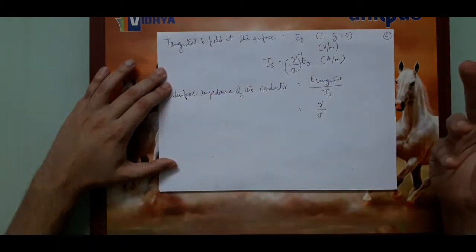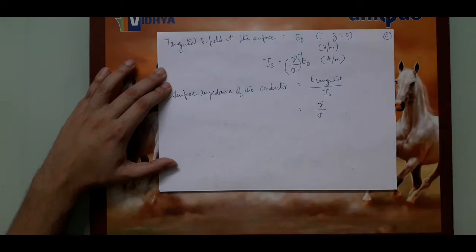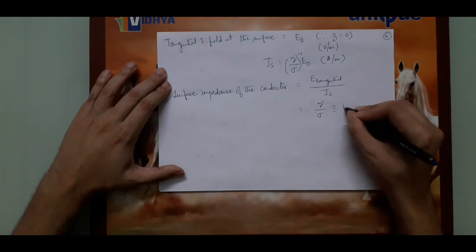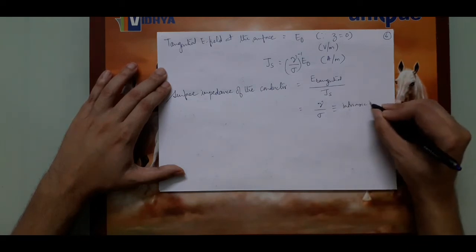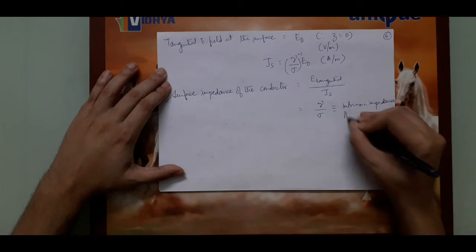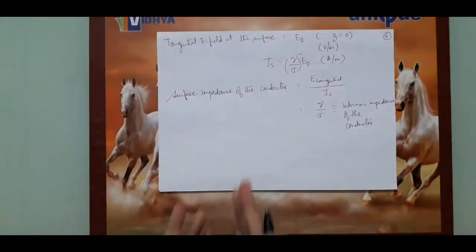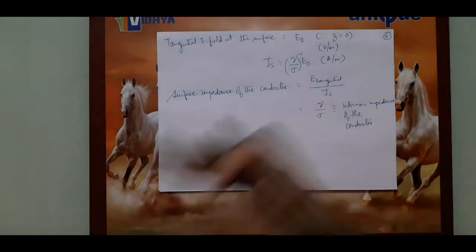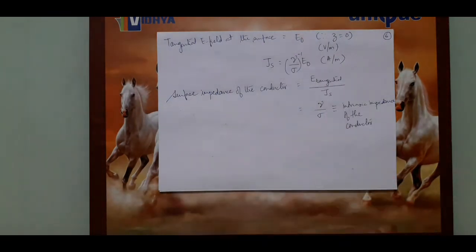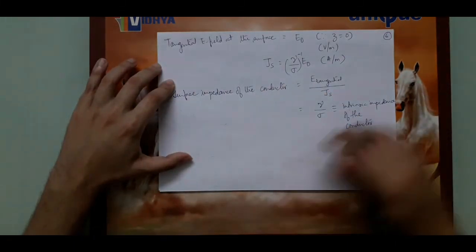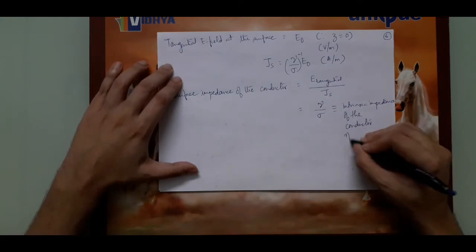So the surface impedance, or rather the intrinsic impedance, is limited to the surface. Now since the E field exists near the surface or the boundary, the H field which is associated with the wave will also have a very similar nature, and both will decrease drastically as you move into the Z. Therefore, in the region where the fields are more prominent, we are defining surface impedance, and that is nothing but the intrinsic impedance of the conductor, or eta C.